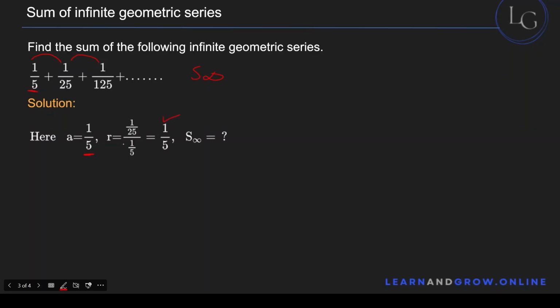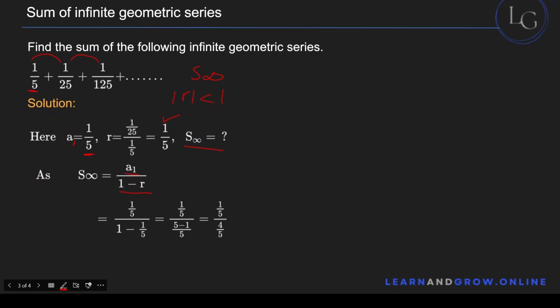Now, the important thing to remember is that to find S infinity, the absolute value of r must always be less than 1. And 1 over 5 is indeed less than 1. So we can apply the formula to find S infinity. S infinity is equal to a1 over 1 minus r. a1 is basically 1 by 5, and r is also 1 by 5.